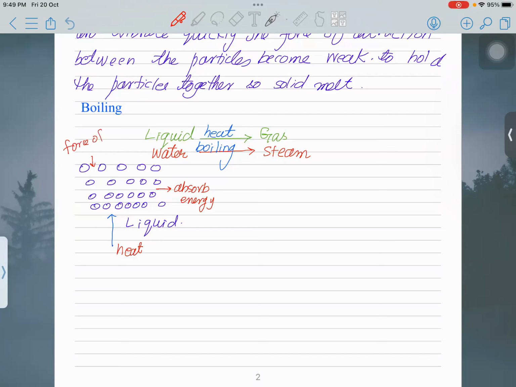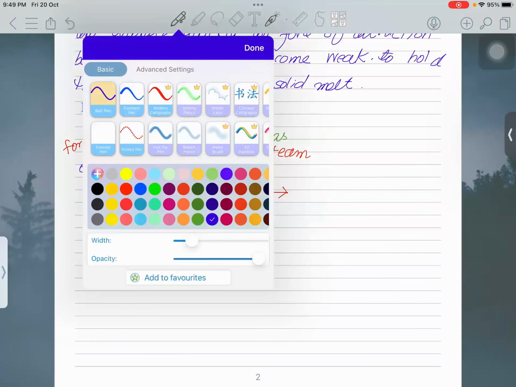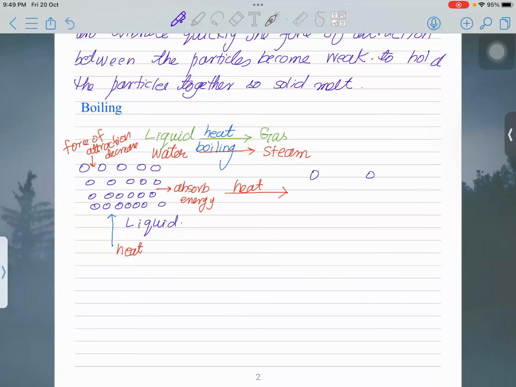Force of attraction decreases. So they convert into gas. Gas particles. Same theory.